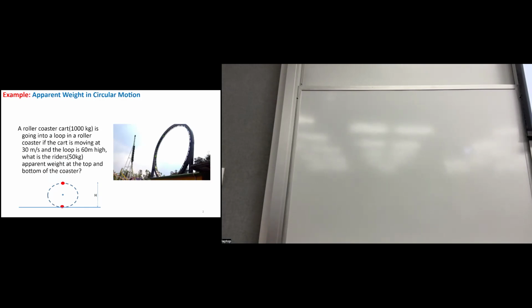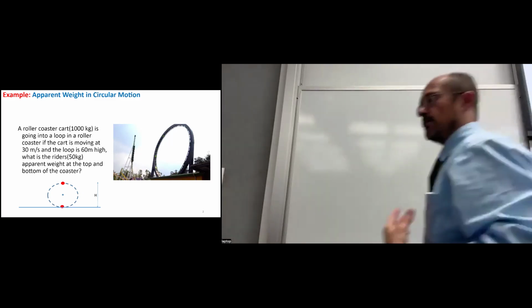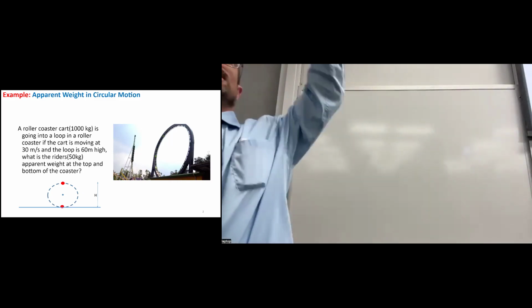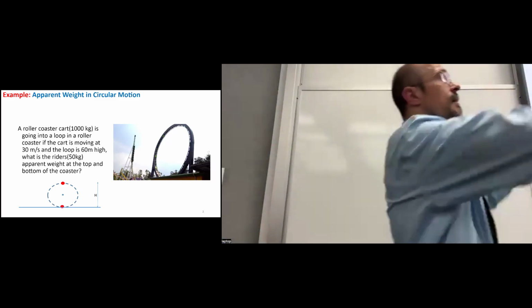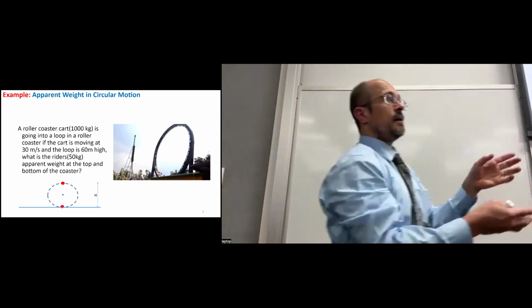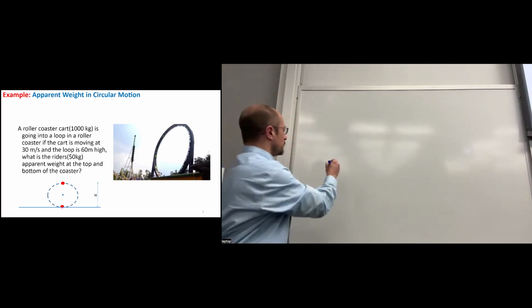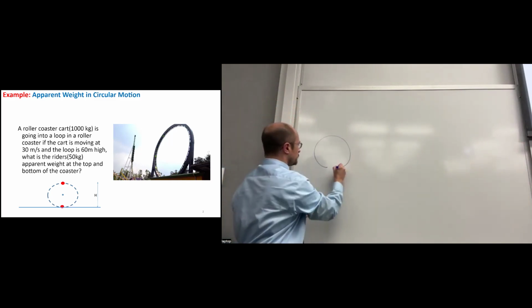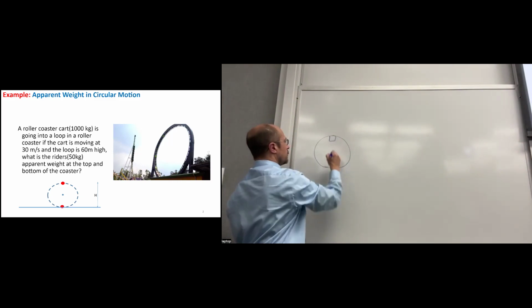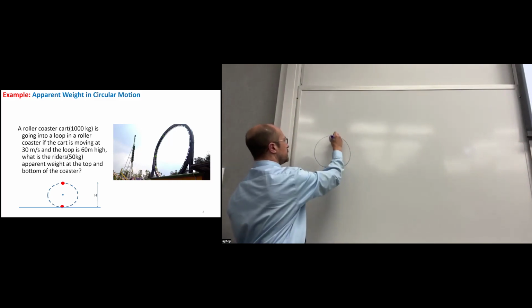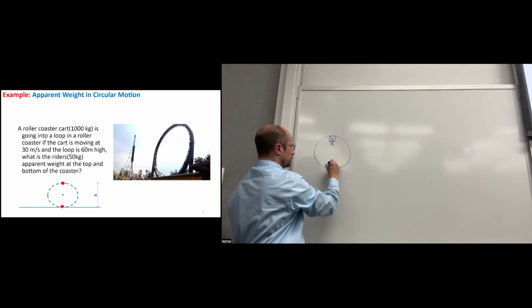It still has a curvature to it, and you could solve a teardrop if you wanted to. That's like the ones that aren't pure circles but have more of a curve to them. All right, so let's look at this circle. When you're in a roller coaster loop, we want to look at the top and the bottom.